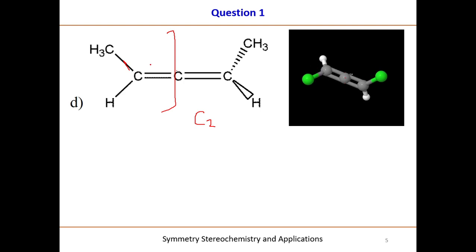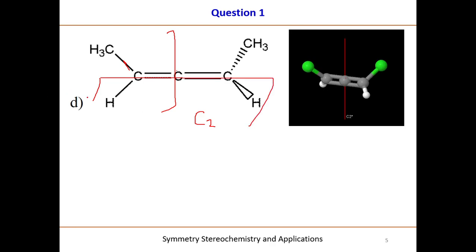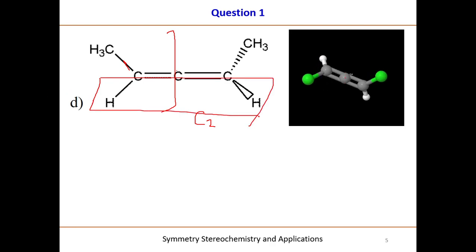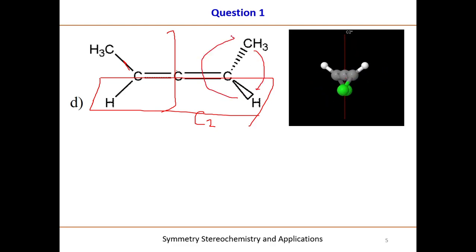If we check for a plane first, and pass a plane through here this way, what will happen? This will come here and this will go to that side. Now in the original one we have CH3 over here, but if you pass the plane we will get H here. That means it is not a plane that gives an indistinguishable image of the original one. That means there is no horizontal plane.